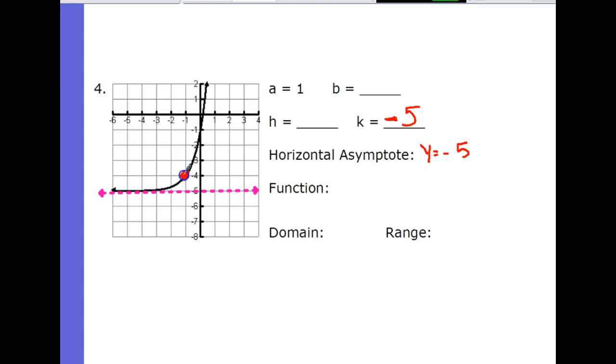This is the key point because it's 1 above the axis, and so that key point is at -1. 1 to the right, this distance right here is what I count to figure out what the b is equal to. 1, 2, 3, 4.